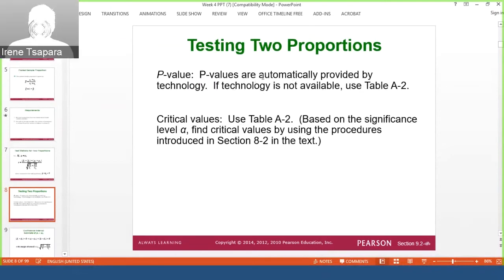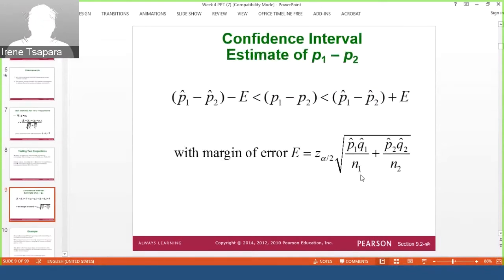The p-values are going to be calculated by R or any other type of technology as before. The confidence interval estimate for the difference of the proportions will be similar to what we had before. The difference is that instead of having p hat minus the margin of error and p hat plus the margin of error, now we have the difference of the proportions minus and plus the margin of error.